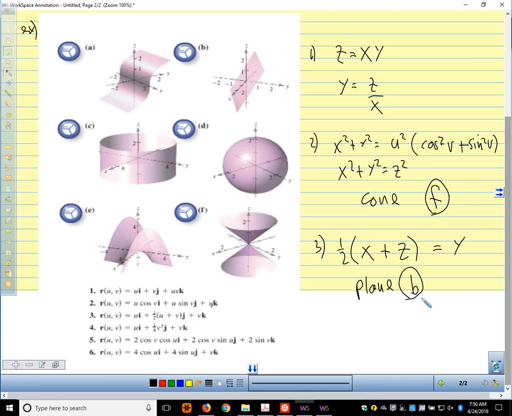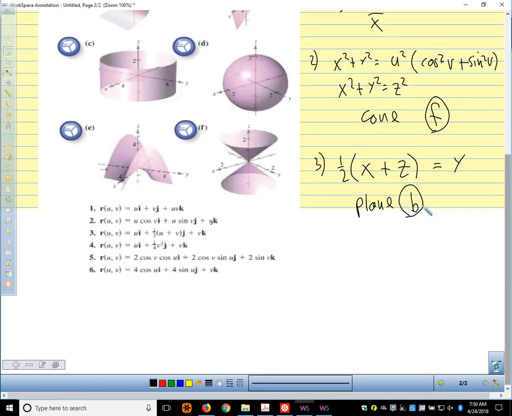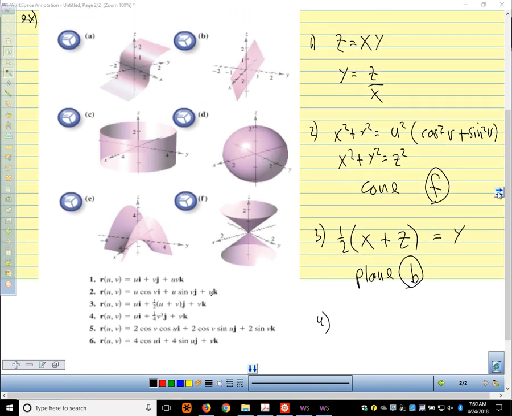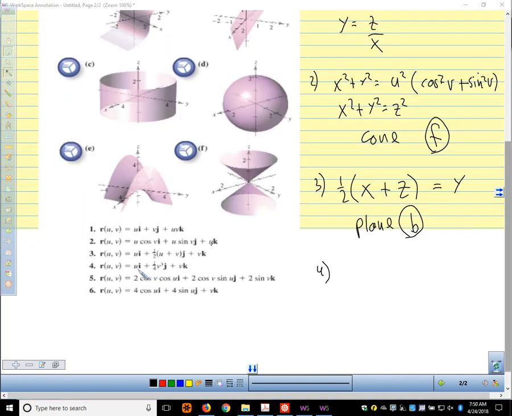Okay. Let's do a couple more to make sure that we're good with that assessment. Number 4, we have u i hat plus 1/4 v cubed j hat plus v k hat. So the relationship I see here is between y and z.